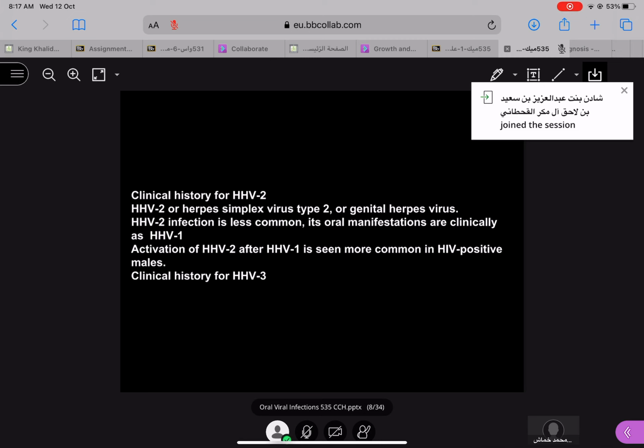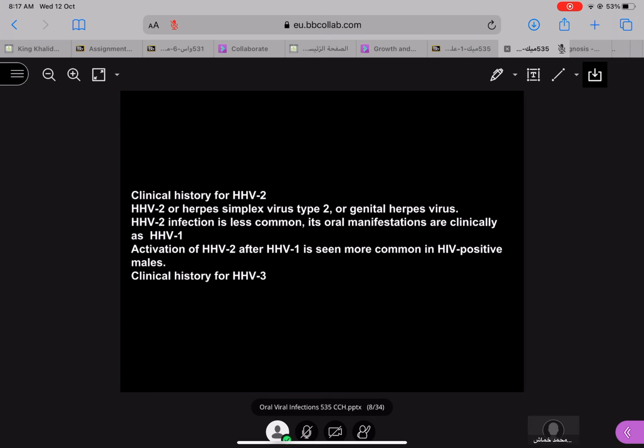This one is transmitted mainly through the sexual transmission route. It's less common. Its oral manifestations are clinically the same as herpes simplex virus 1.